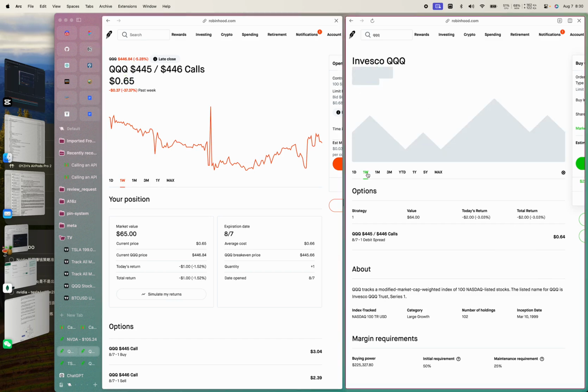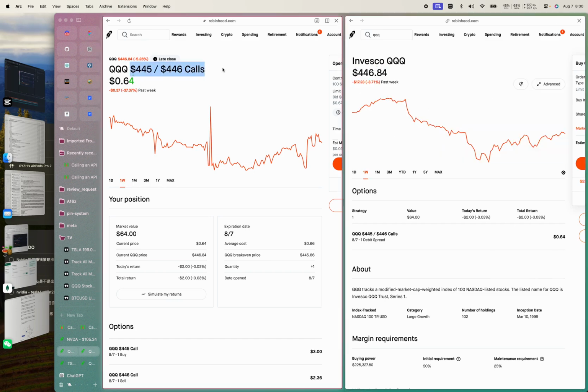For example, the multi-leg strategy curve is distinctly different from the curve of the stock. You might assume they are not the same stock, but actually they're the same stock.